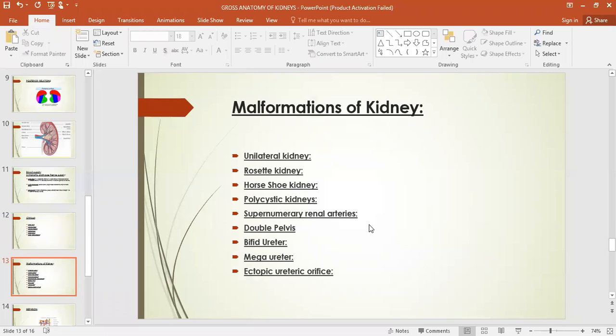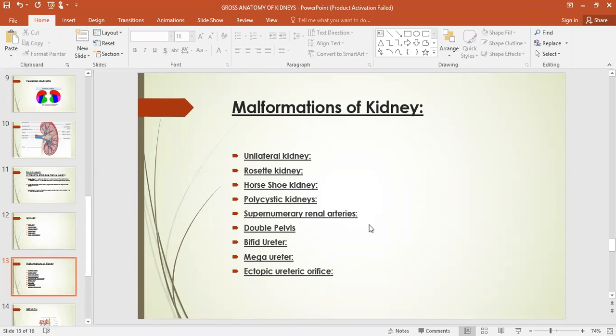Then are the malformations of the kidney, meaning the abnormalities. Unilateral kidney: in some patients, only one kidney is present, which is called unilateral kidney.